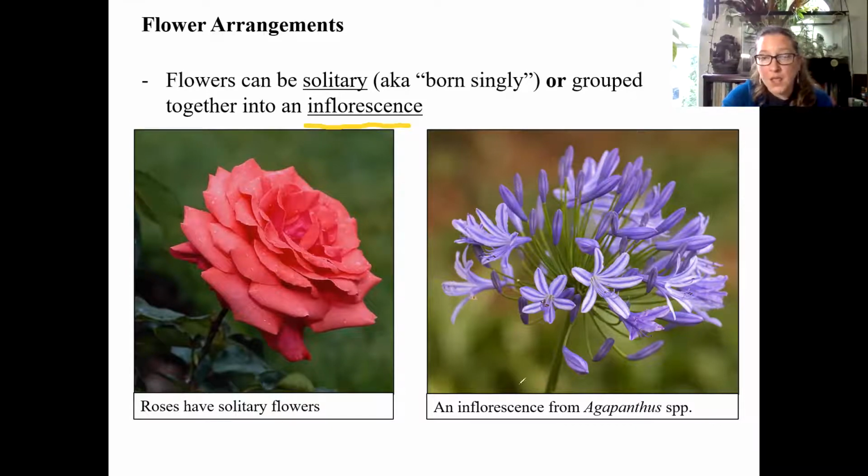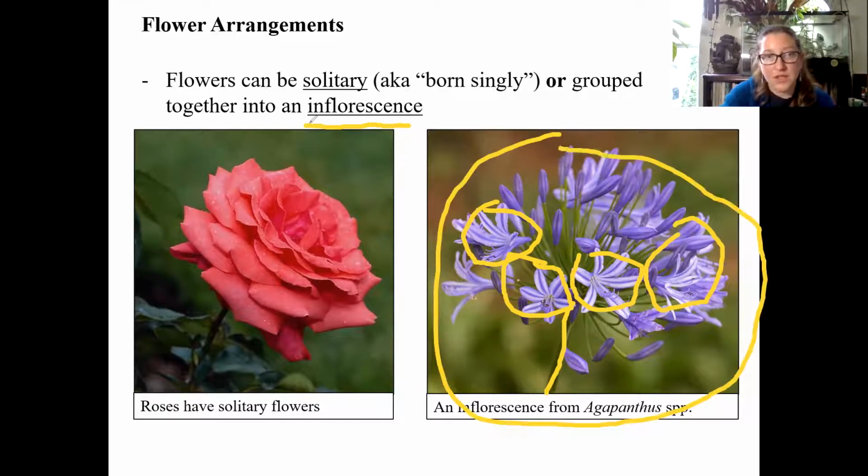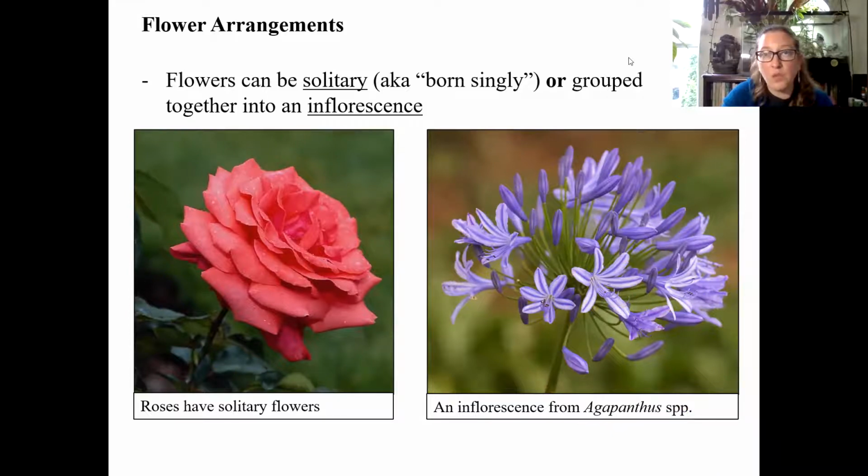In the case of this agapanthus, here's a stem, and each of these little things is a flower. So this is a group of flowers, hence an inflorescence. This whole thing is an inflorescence, whereas the rose is a solitary flower born singly. So that's one way flowers can be arranged.